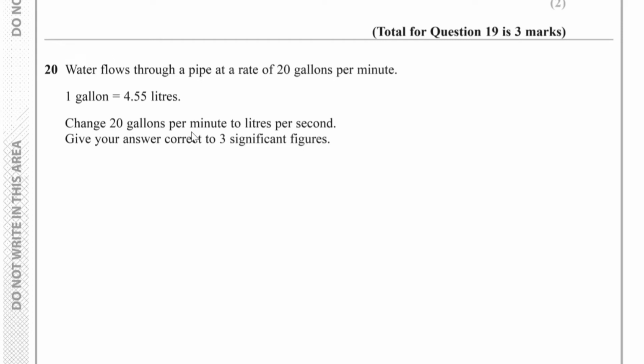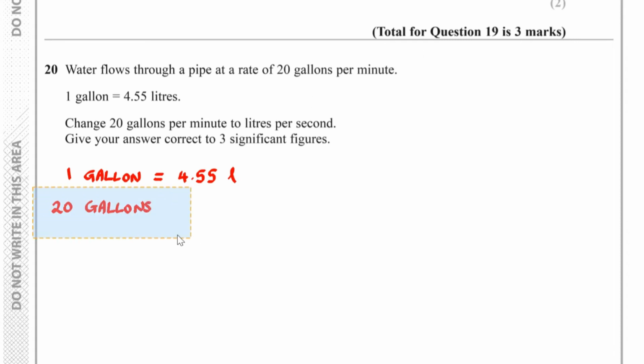So, first of all, what we know so far is 1 gallon is equal to 4.55 litres. So let us convert 20 gallons.